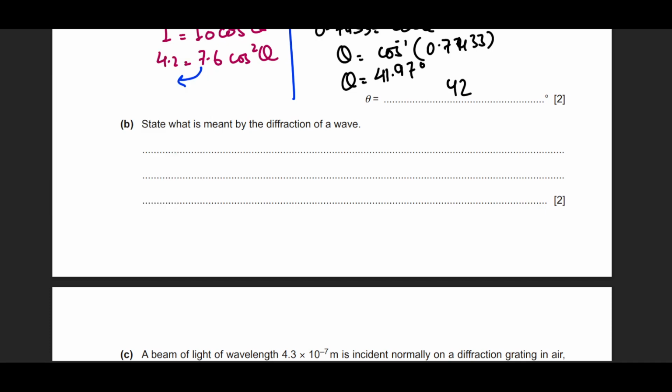Again, a repeated question. He says, what's meant by diffraction? You can simply write down that diffraction is basically when a wave passes through a narrow gap, the parallel wavefronts become circular.